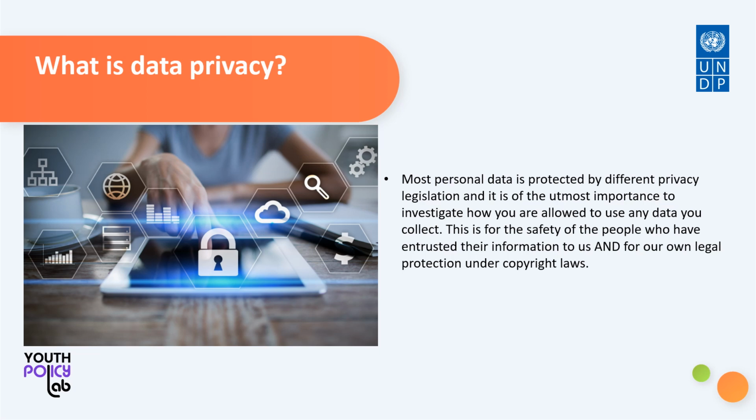If you're working with potentially vulnerable people, such as children, young people, people with disabilities, refugees, or those who speak other languages, it could be an idea to get any research or project ideas you have through a Human Research Ethics Committee. UNICEF and other places have these set up specifically to help ensure that the types of questions that are being asked and how the data is going to be used is appropriate and ethical.